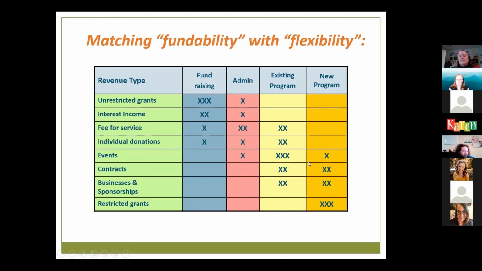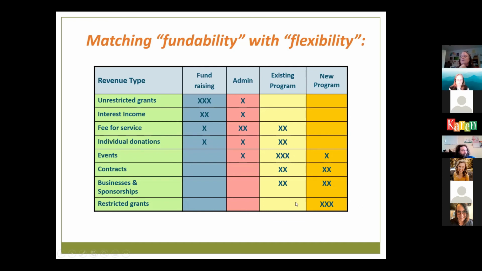Now then, as that program ages, it's less likely that it's going to be funded by grants. So what we have to do is change the way that we think of how we fund that existing program. And now we're going to have to build some other revenue, like a fee for service, or do some more fundraising to keep it going.